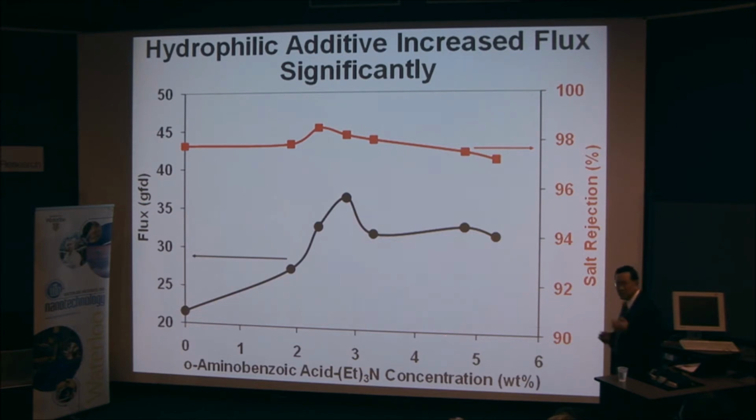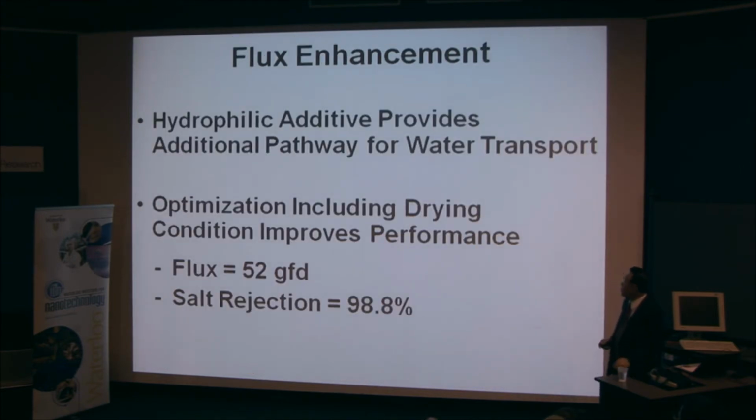Then if we increase further and put in too much, the flux seems to reduce. When you add an additional compound to the reaction mixture, obviously it changes your reaction and interferes with the interfacial polymerization. So we define the optimal concentration. The salt rejection is also pretty good and corresponds well.